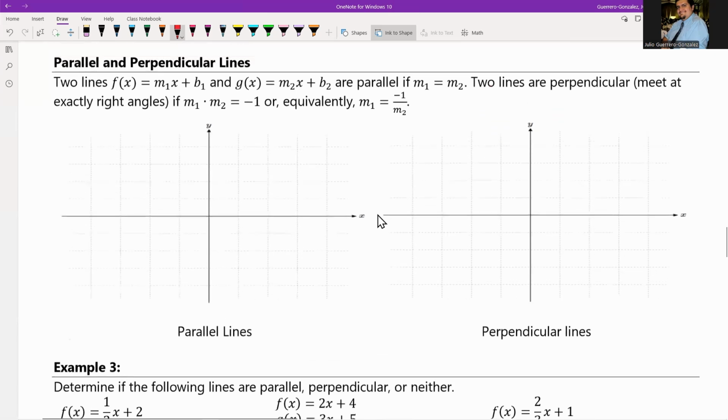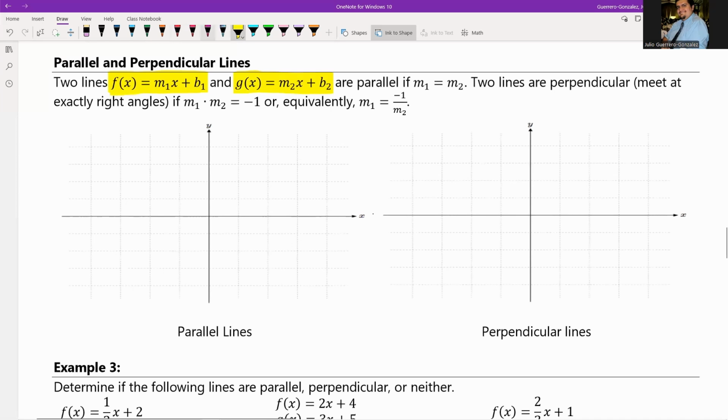Something that is really, really useful later, if you ever study math or some of the hardcore physics later on in your studies, is the idea of parallel and perpendicular lines, okay? So let me cover the definitions for them first. Suppose you had two lines, and notice how I have them labeled here. f of x is m1 of x plus b1, and g is m2 of x plus b2, okay?